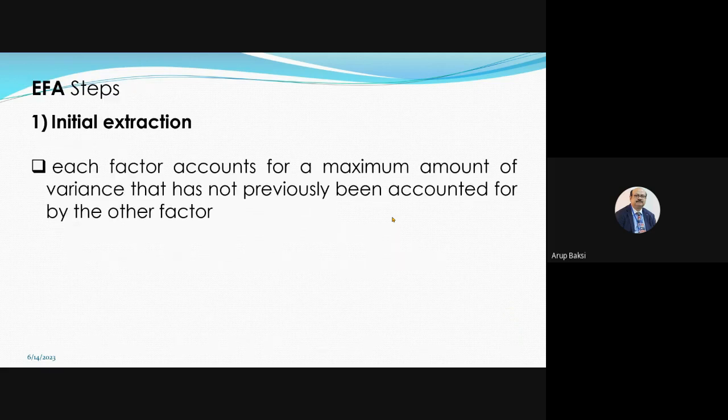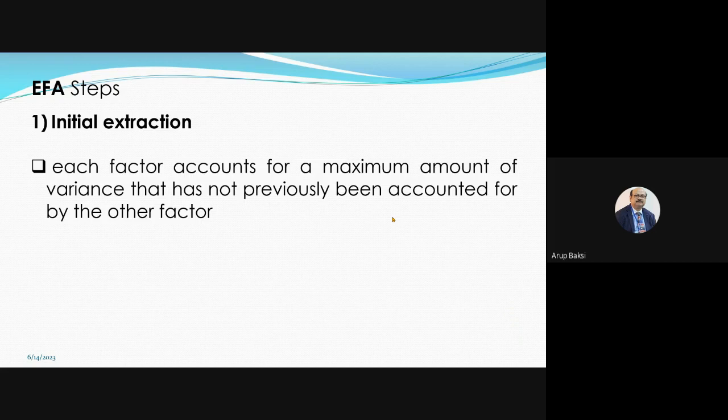If we go for a stepwise understanding of the EFA, we start with the initial extraction. Once we perform this in SPSS, all these steps which now look very theoretical and difficult to understand will be explained.